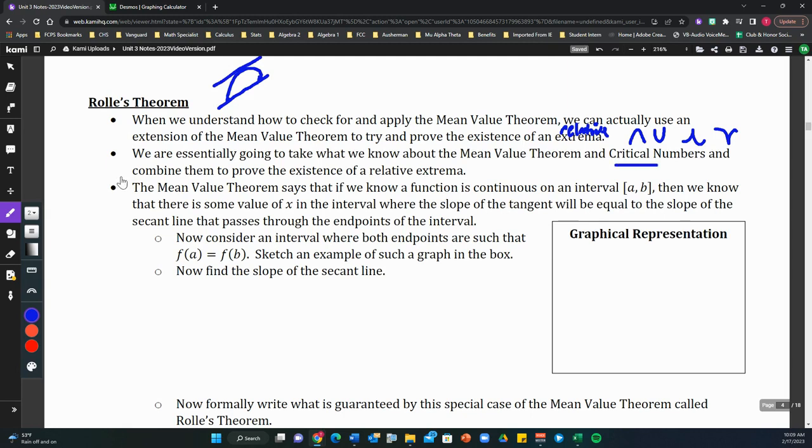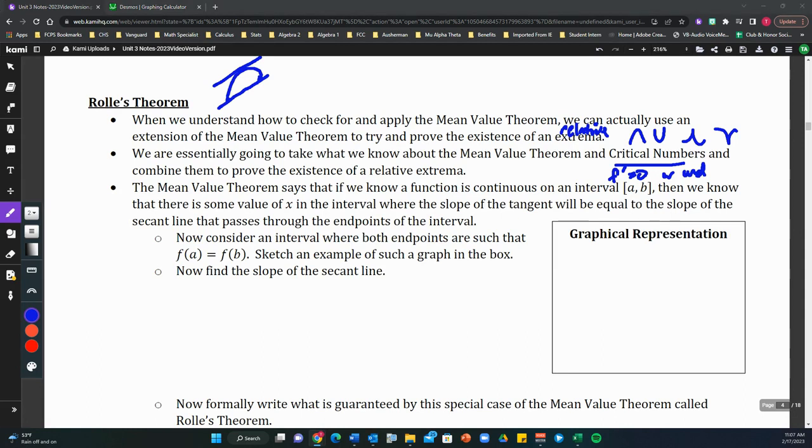Well, if we think about critical numbers, we know that critical numbers exist where f prime either equals 0 or is undefined. Specifically, this equals 0 part is what we're concerned with. We can't really do it with undefined because the mean value theorem says that we need the function to be differentiable on the interval, and it's not differentiable at these sharp turns. So if we focus on the where f prime equals 0 condition, we can create this new rule.